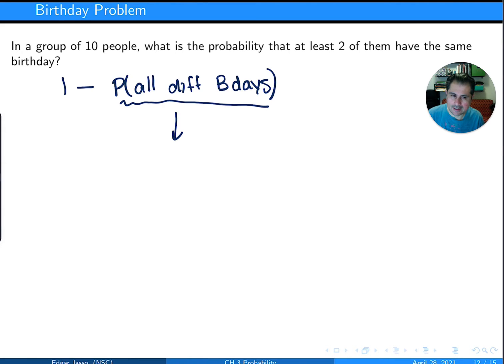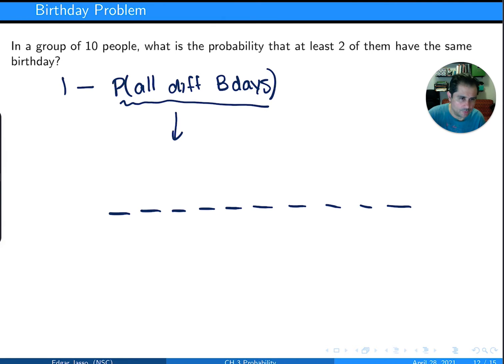If you think about it, I like to think about it in terms of passwords or license plates or stuff like that. I have 10 spots to be filled with days of the year. Of course, there's a big assumption here. We're assuming that every person is equally likely to be born on any day of the year.